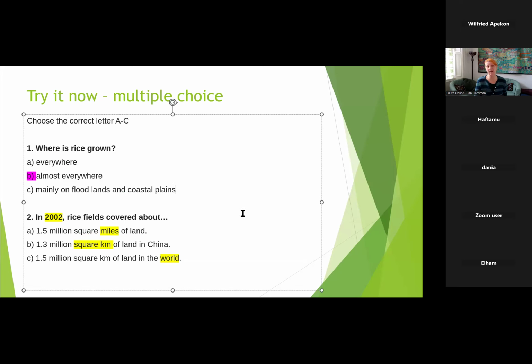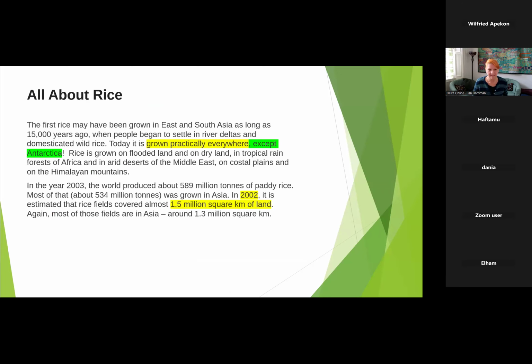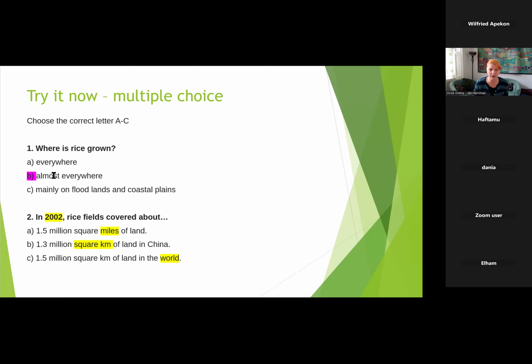Yes, it is mainly on flooded lands and coastal plains, but they also talked about deserts too, didn't they? So it's everywhere except Antarctica. And practically everywhere is the same as almost everywhere. Okay, yes, really good. Excellent. Good job, everyone. Awesome.